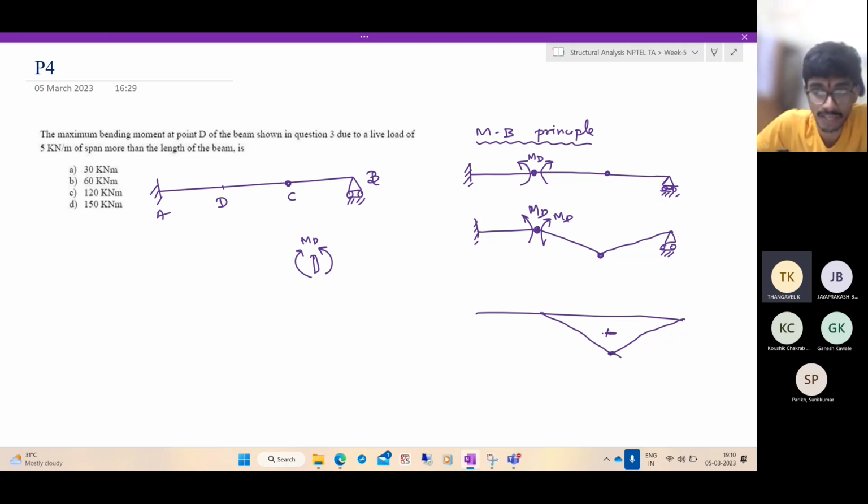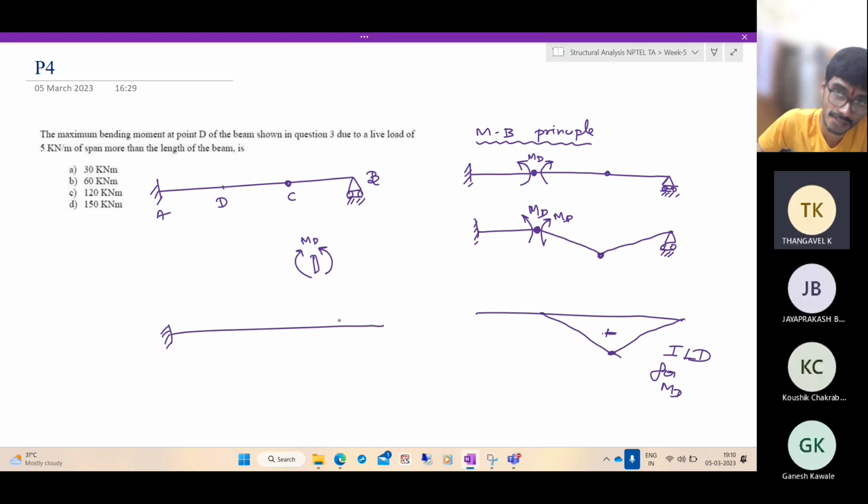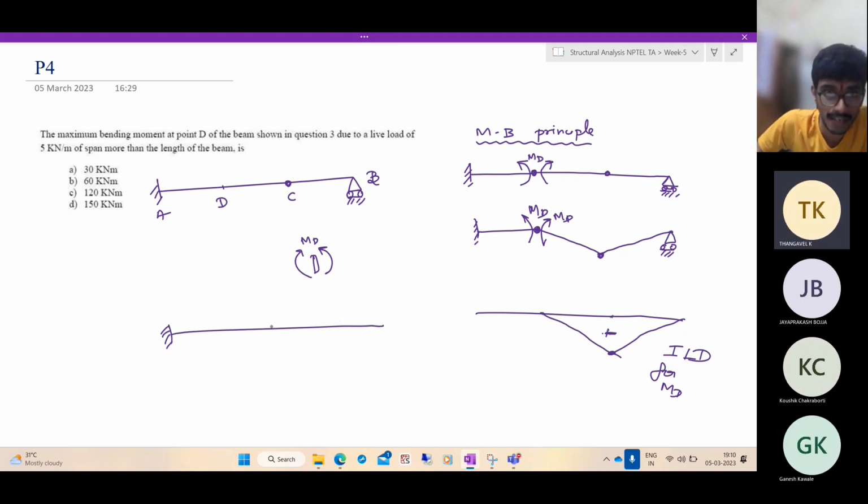What are the magnitudes? So this is the ILD, not the BMD. This is the ILD for moment at the point D. Now what will be the maximum value here? Let us find out. So this is the point C. At the point C, we have to apply a unit load to find out the maximum value at D.